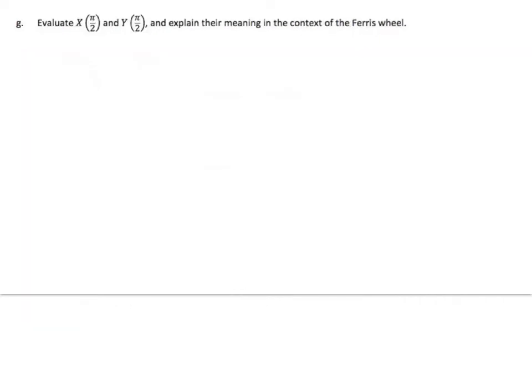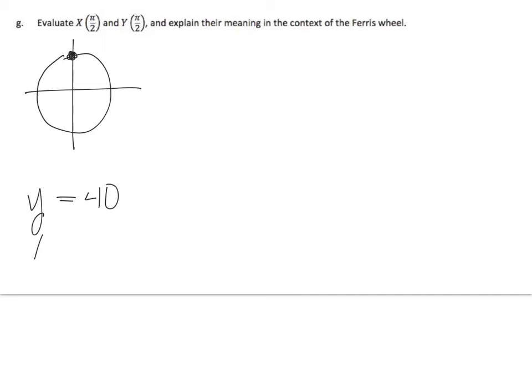Okay, how about evaluate pi over 2? So we're up here. Our vertical position, so the y should give me an answer of 40, and the x should give me an answer of 0. So let's go ahead and calculate it. I'm going to write this here, though. Keep them in the same order.